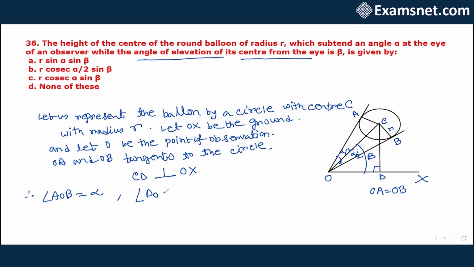That means the angle DOC is beta. Also, OC is the bisector. I have already told you that AOC and COB both are alpha by 2.